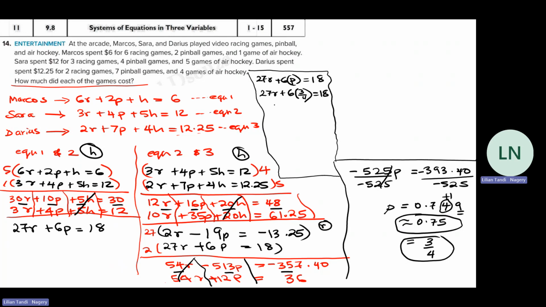Okay, so this will be 27R plus 4.50 equals 18. Subtract 4.50 on both sides. You're going to get 27R equals 13.50. Then you're going to divide by 27, divide by 27. This goes away. R will be half or 0.5.